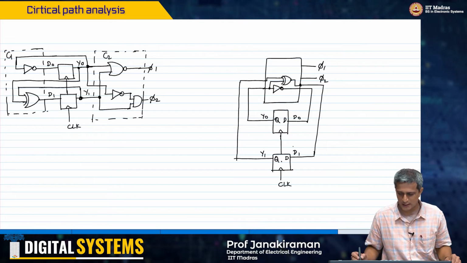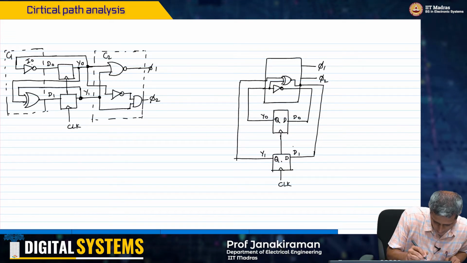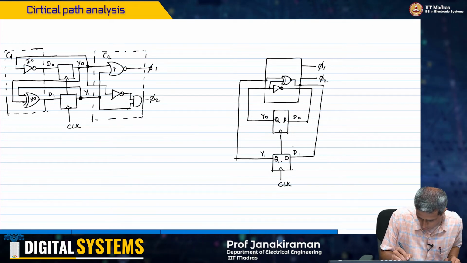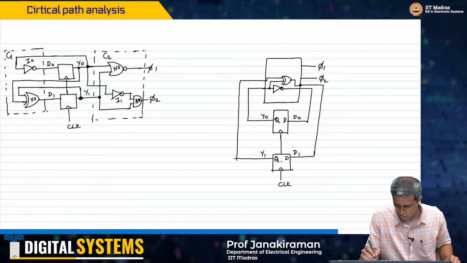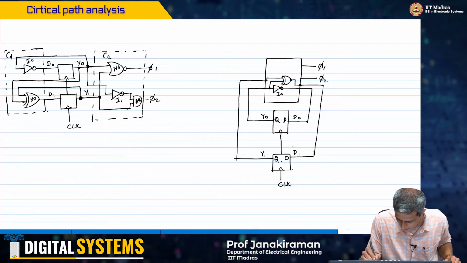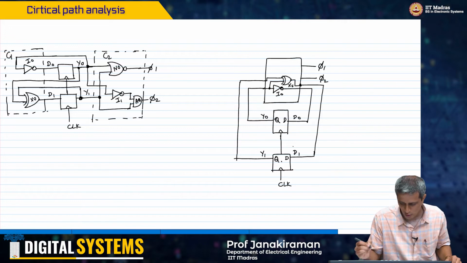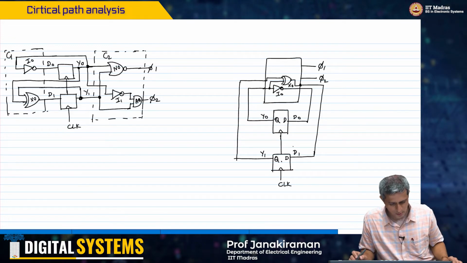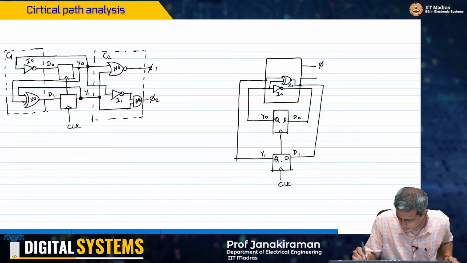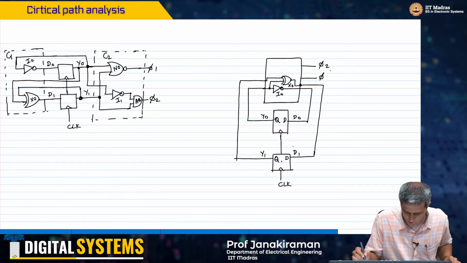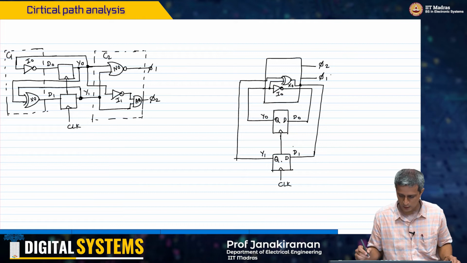This is my XOR gate. Let me call this I0, this X0, this N0, and I1 and A0. These are the gates I need to worry about. So this is I0, this is X0, and let me replace this as phi 2 and this as phi 1.